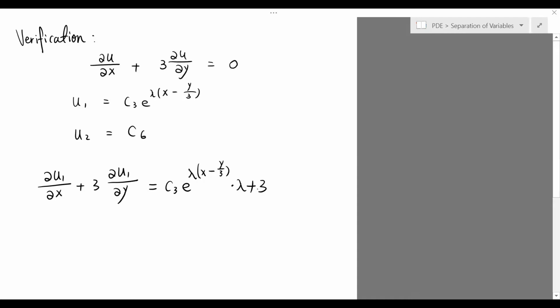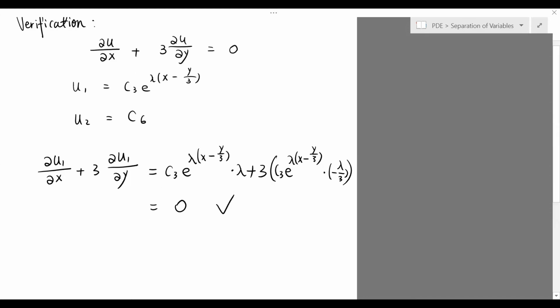Then the second term is going to be 3 times c sub 3 times e to the lambda x minus y over 3 times negative lambda over 3. Now, with some simple algebraic manipulation, we end up with 0 as the outcome. So we checked the first solution as valid.